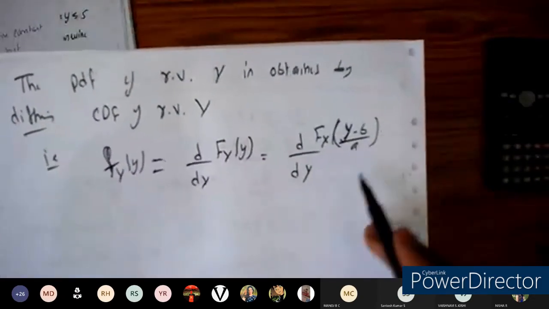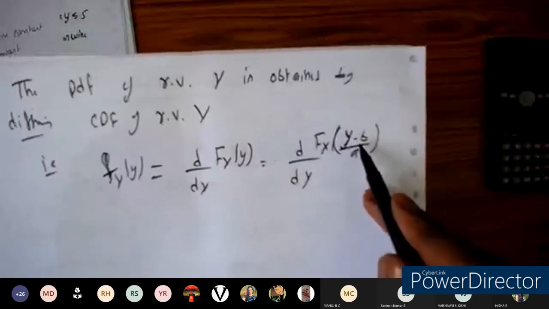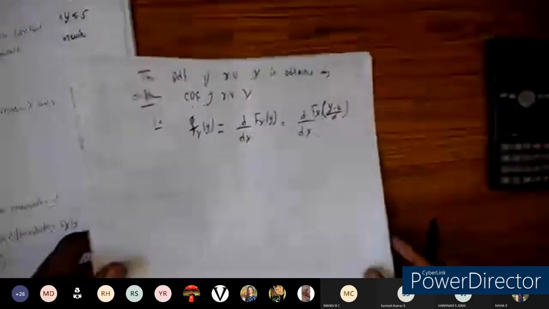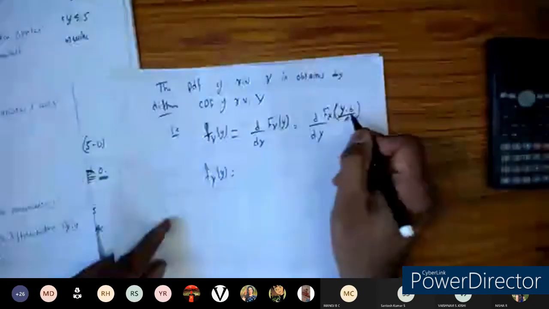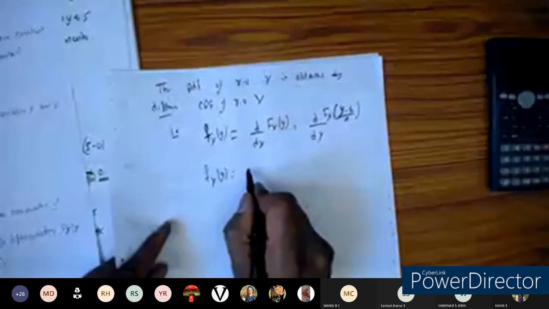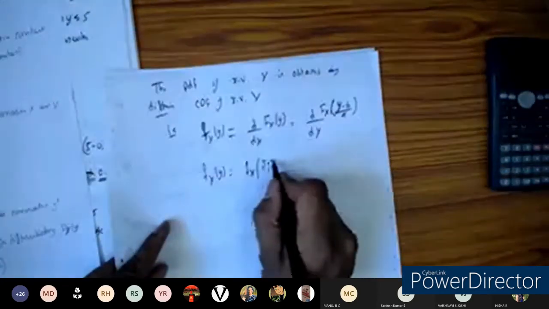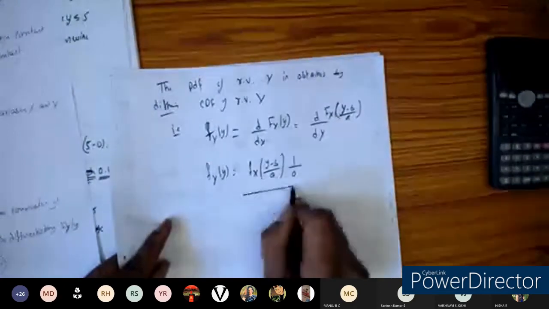If I differentiate (y minus b) by a, the differentiation of y is 1 and the remaining constant 1 by a we get here. Differentiating the CDF F x, we get the PDF f x, multiplied by 1 by a.